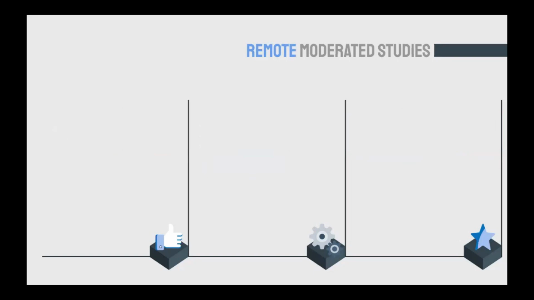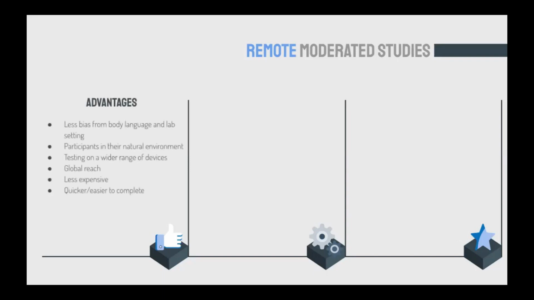So with remote moderated sessions, you'll still have a moderator who's guiding the participant through the questions and tasks, but instead of the two being in the same room, participants are typically at home. So some of the advantages of remote studies are you have less bias from body language since the moderator is sitting behind a webcam. Participants are in their natural environment. They're typically at home.